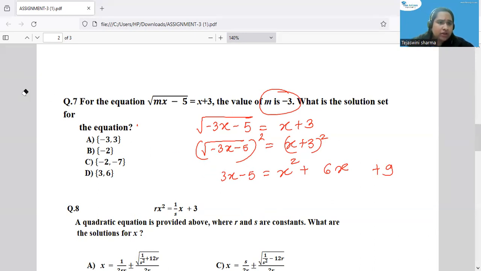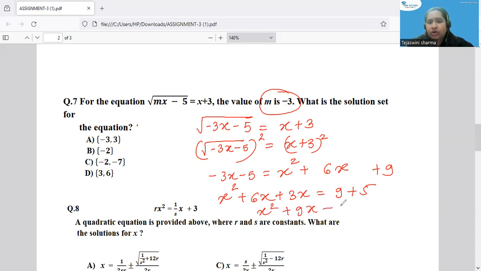Now when I transpose everything to one side, I will get this expression: x to the power 2 plus 9x minus 14 equals 0.